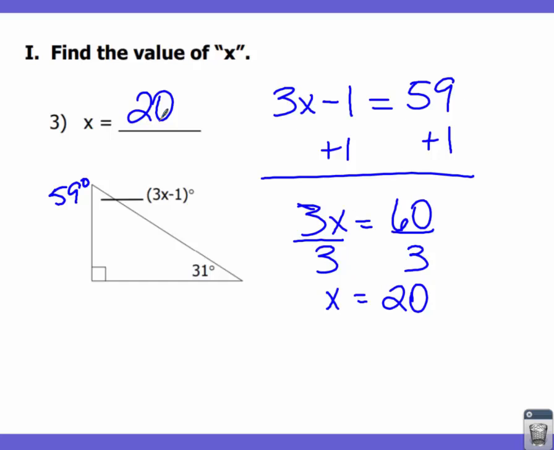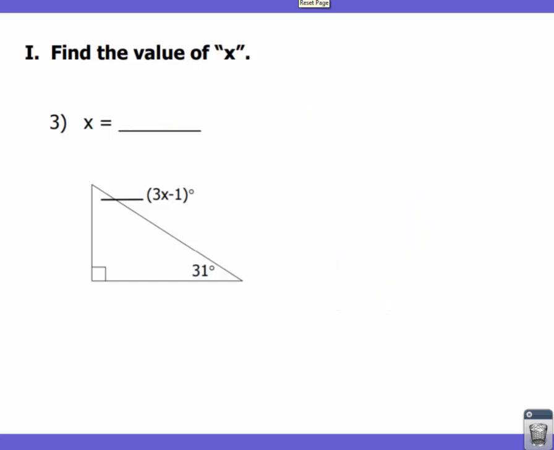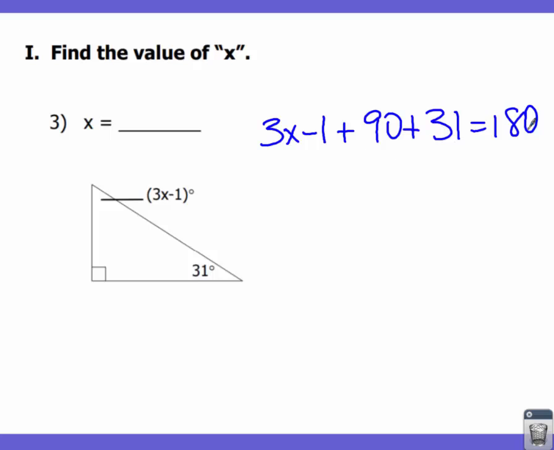Well, that's one way to solve it. The other way to solve it is similar to what we did on the previous problem. I know that all three of these angles are going to add up to 180 degrees, so we write the equation based on that: 3x minus 1 plus 90 plus 31 all equals 180 degrees.